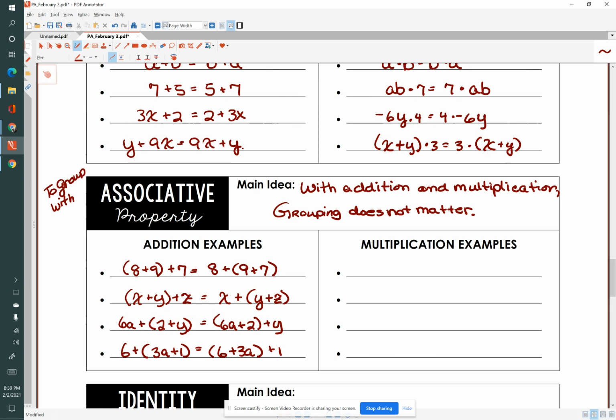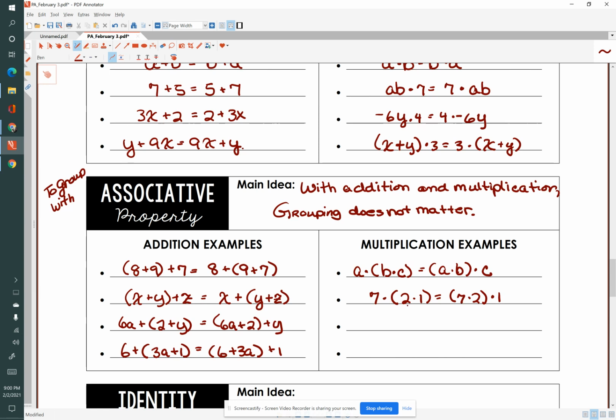In terms of multiplication, we can say a times the quantity of b times c equals the quantity of a times b times c. In terms of numbers, we can say 7 times the quantity of 2 times 1 equals the quantity of 7 times 2 multiplied by 1.